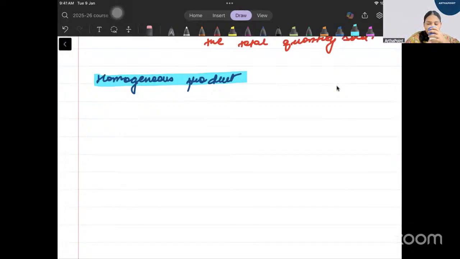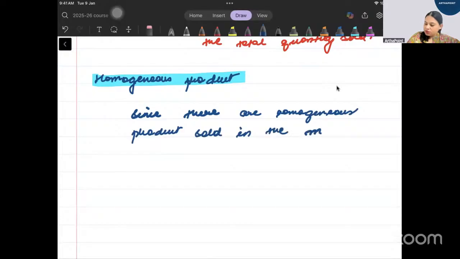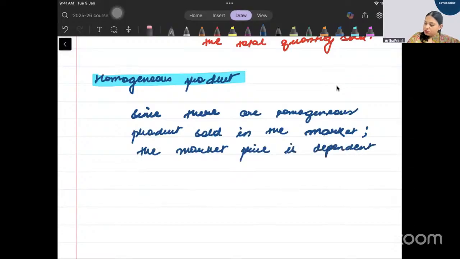So please write: since there are homogeneous products sold in the market, the market price is dependent on total quantity sold.